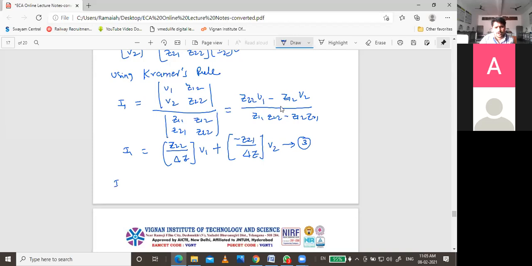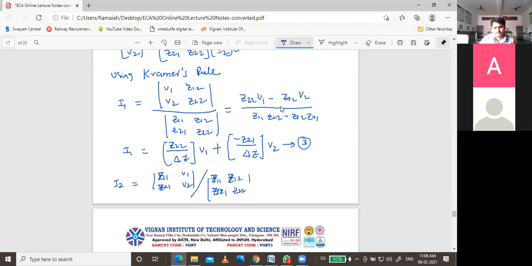Next is the I2 value. You have to find the solution of the matrix for I2. So replace the second column here. The first column is the same, Z11, Z21. The second column is replaced by V1, V2, by the determinant of that matrix Z11, Z12, Z21, Z22.